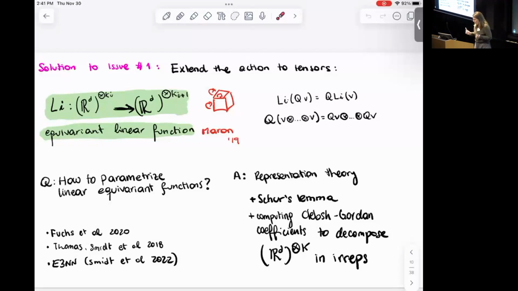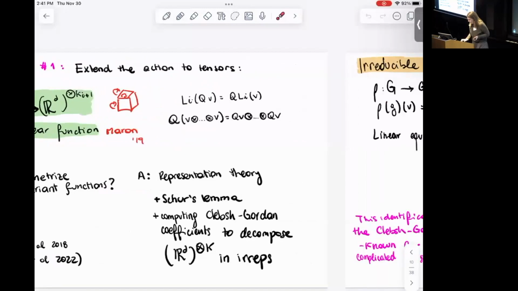That is complicated to implement in practice, but it is implemented, and there are some packages that do that. There's E3NN, implemented by Tess Smidt from MIT, and there's also a package implemented by people at Google, which implement these equivariant methods using irreducible representations for SO(3). But in general, it's not really obvious how to do it that way.